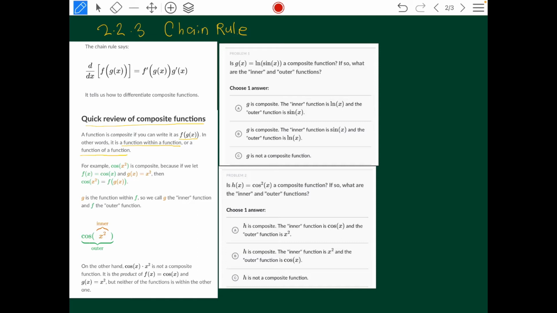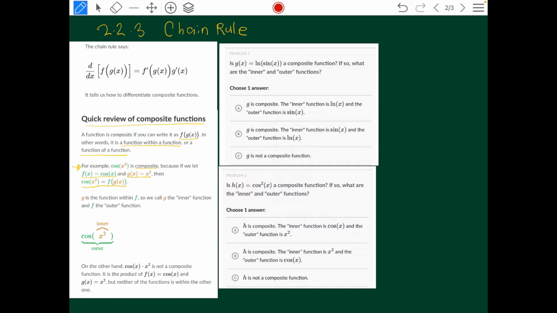This is an example. If we have cos x squared, we can say it is a composite function. Why? Because if we write f(x) as cos x, and g(x) as x squared, then we have cos x squared equals f(g(x)).